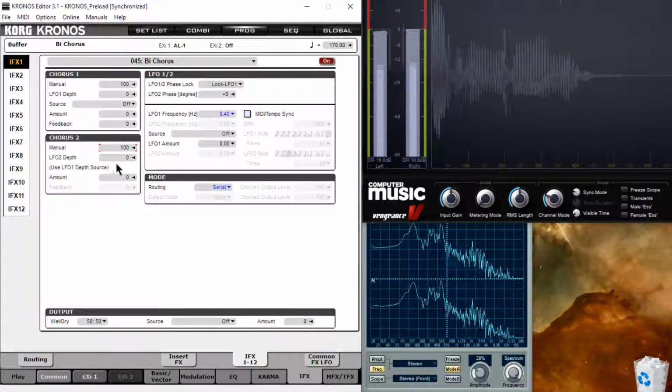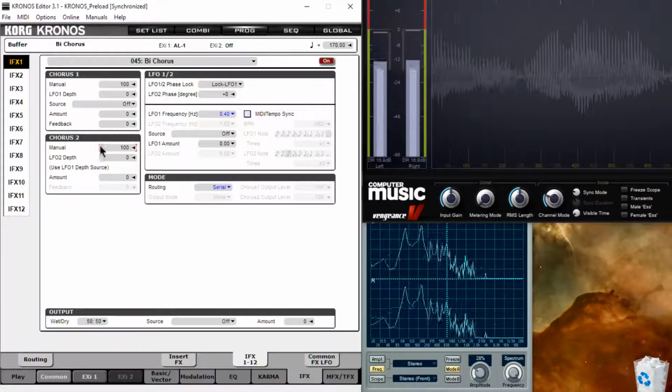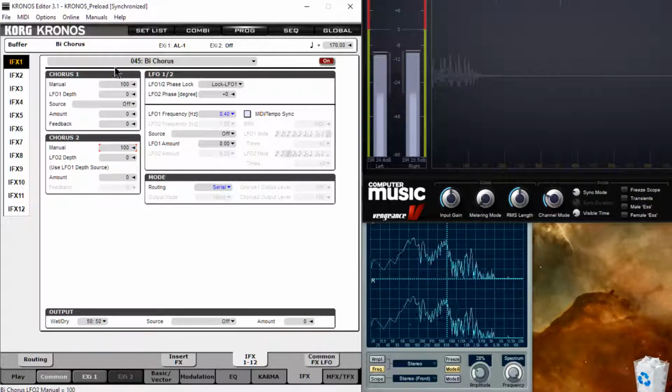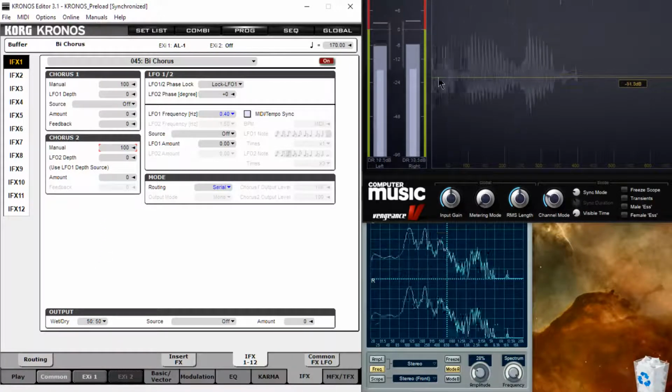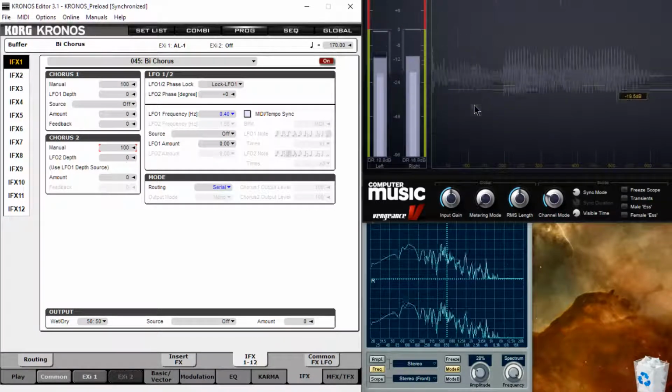And actually look at what happens when I move the second delay time down, and back up. You saw that it made the second transient happen sooner, and then when I moved it back up, it happened later.